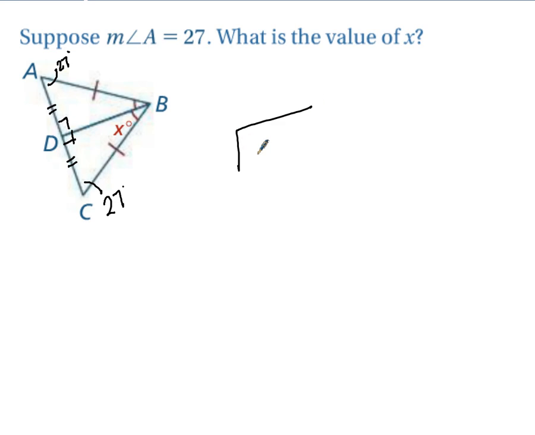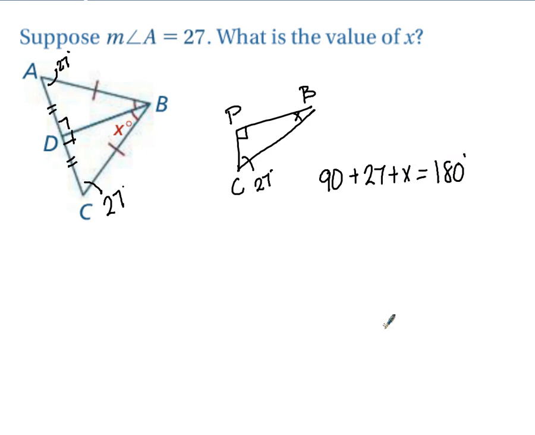So angle D is 90, B is x, C is 27. As previous, all triangle angles add up to 180 degrees. So we have 90 plus 27 plus x equals 180 degrees. So combine like terms, 90 plus 27 is 117 plus x equals 180.